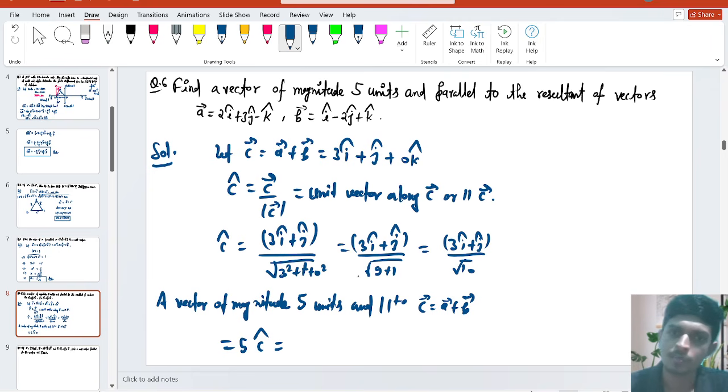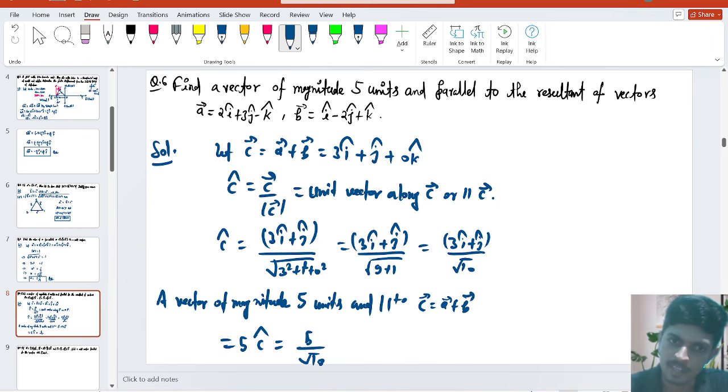Okay, this is parallel. I am taking the magnitude here because it is a unit vector. So this is 5 by under root 10, times 3 i cap plus j cap. This is our final answer. I hope it is clear to you.